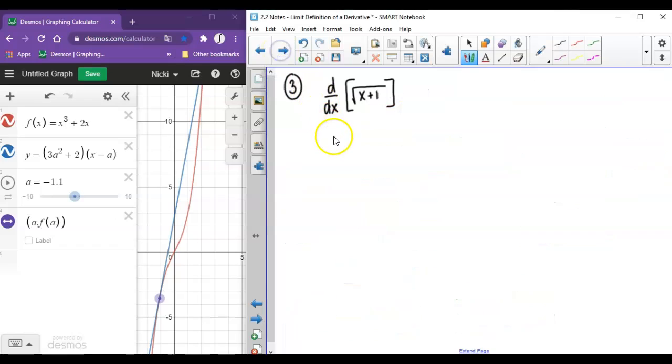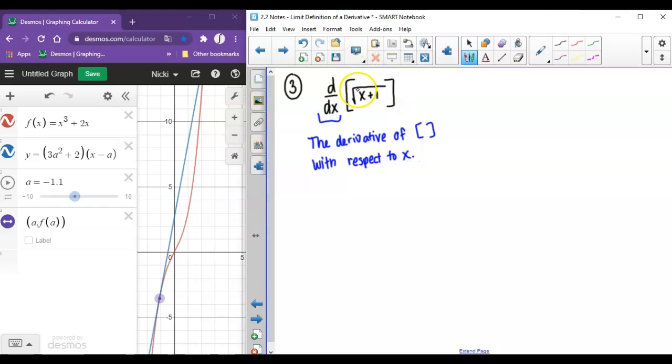Alright, let's try another one here. Here's some new notation that we haven't looked at yet. This d over dx, what this means is the derivative of whatever's in the parentheses, or the brackets here, with respect to x.